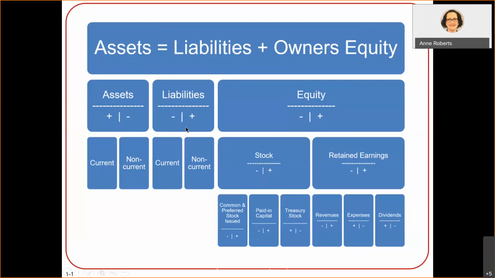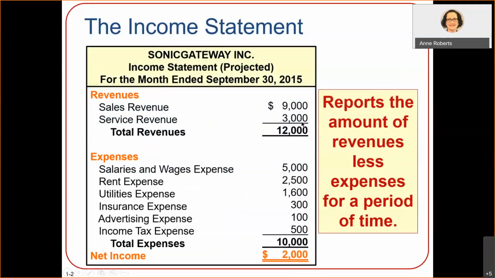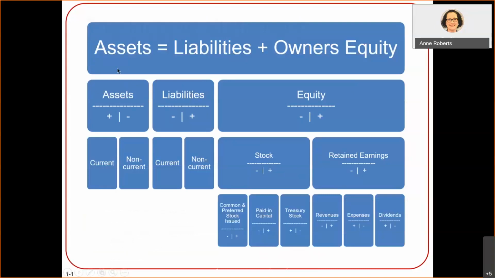Okay, so when you're looking at that ALOE document, ALOE is assets, liabilities, and owner's equity. So that's where you start with ALOE, A-L-O-E. Now, in chapter 2, all we're looking at is transactions that affect balance sheet accounts.